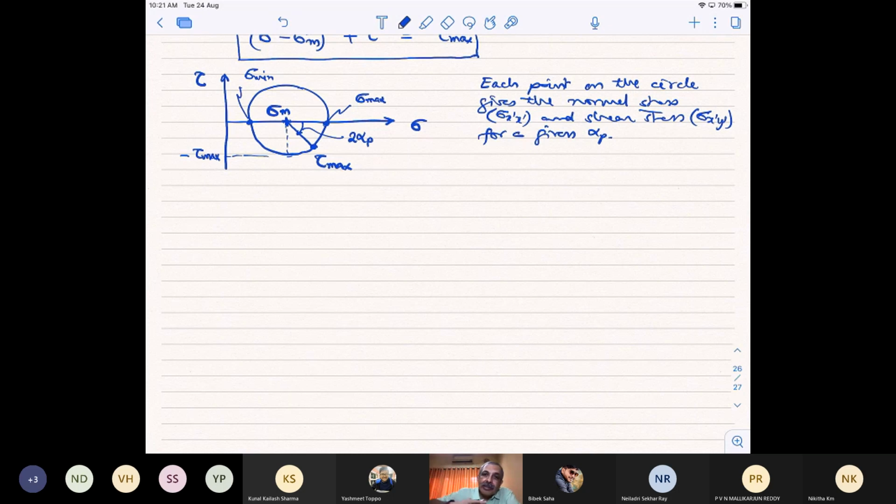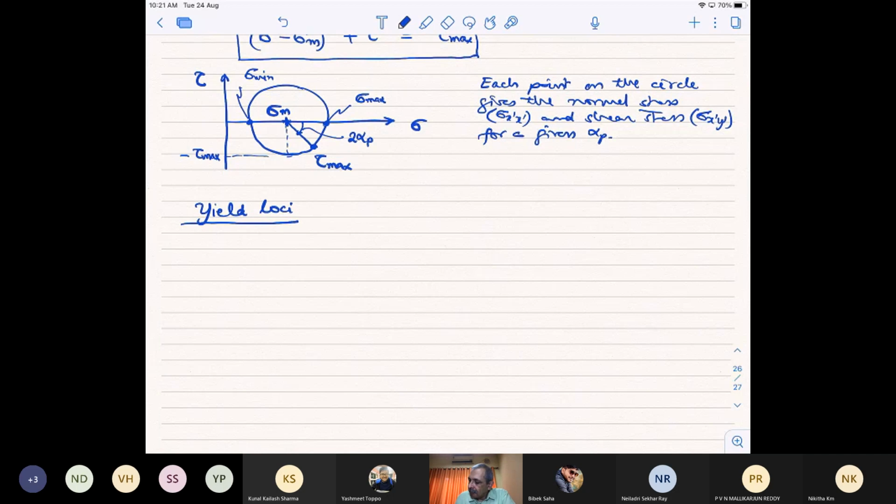The part above this is just general, it's true for everything, but the property of the granular material comes in here, which is the yield loci, or the yield point, or the locus of the yield point.